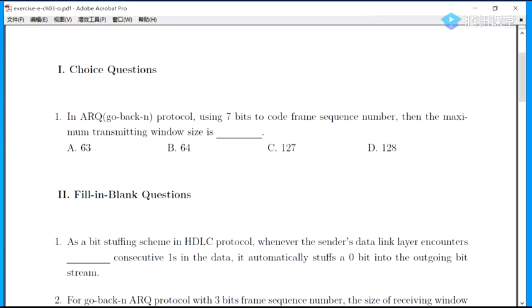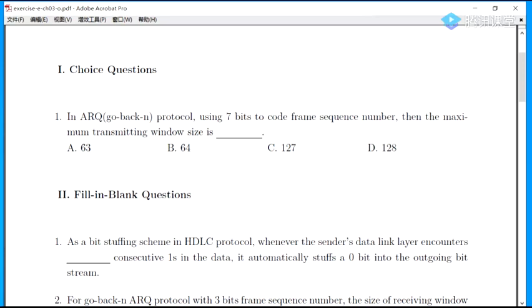Now, look at question 1. The ARQ protocol is sometimes called the go back N protocol.